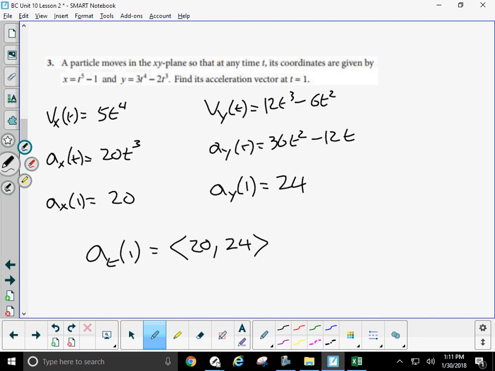Okay, we got an acceleration vector of 20, 24.